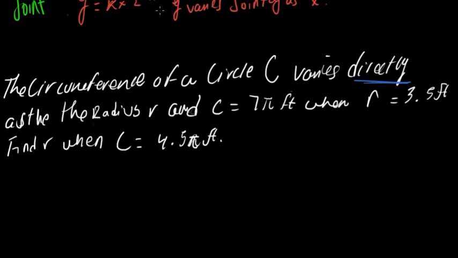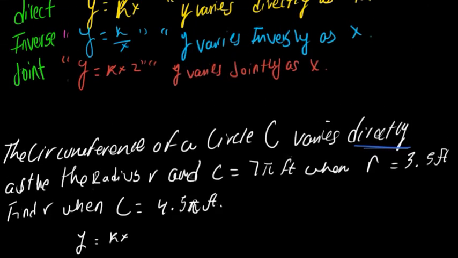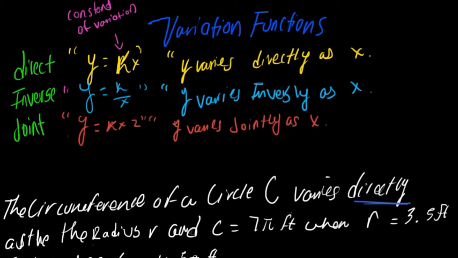Okay, so let's go ahead and look at it. Well, it says varies directly, so that means we're going to be using the equation y is equal to k multiplied times x. But now we have to change our variables here, because it says the circumference of a circle varies directly as the radius. Remember, y varies directly as x.